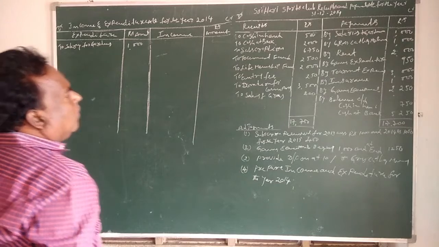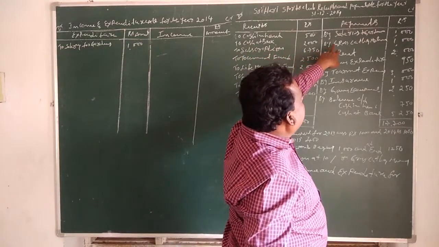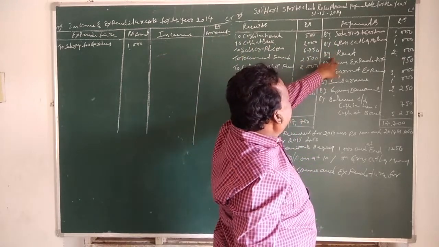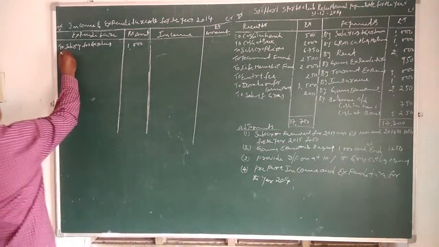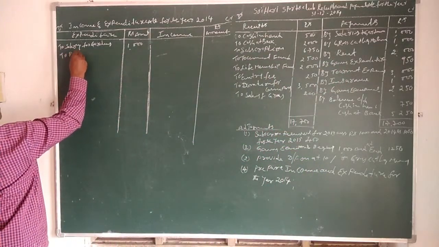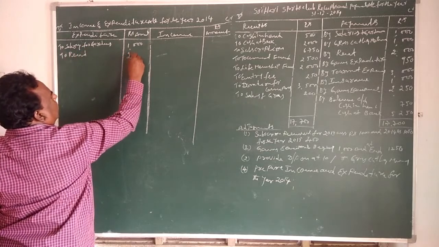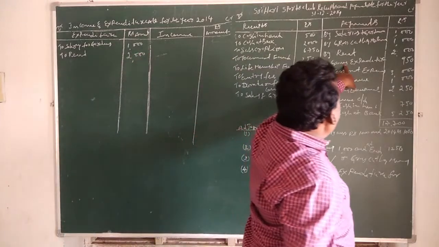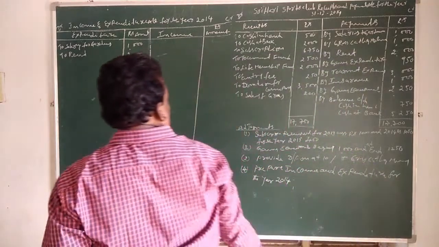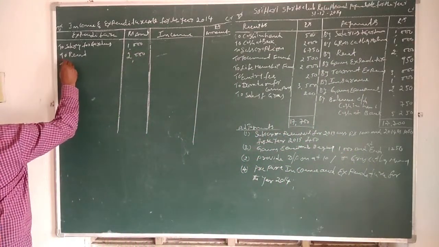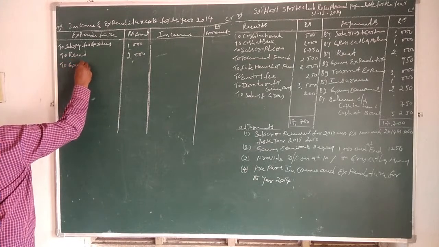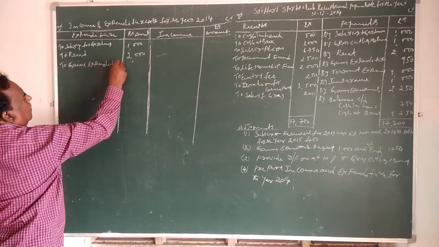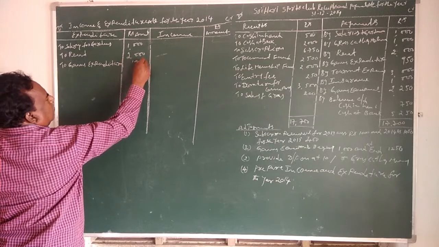Next, grass cutting machinery is a capital expenditure. It is not recorded in the income and expenditure account. Then, to rent 2000. Next, to games expenditure 950.